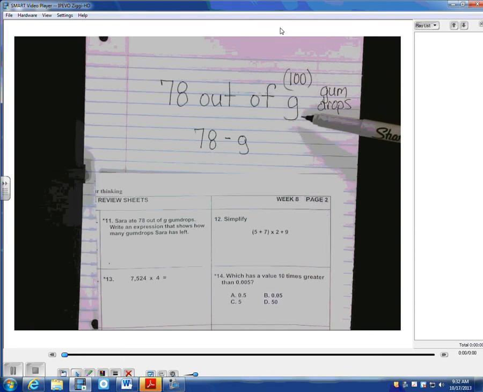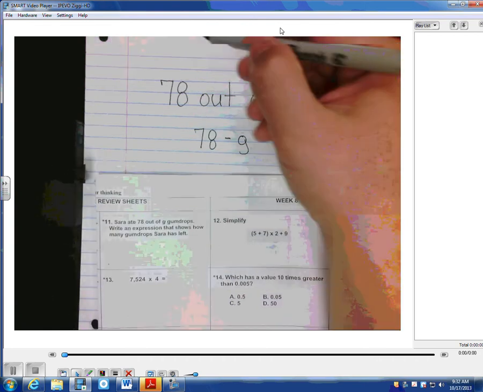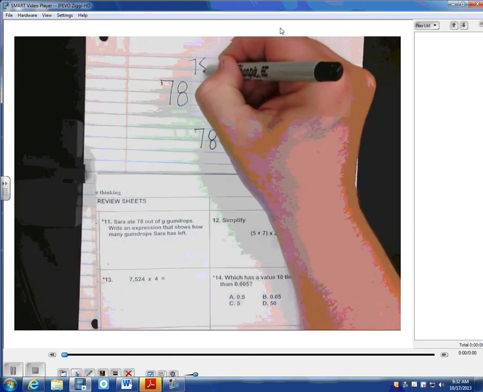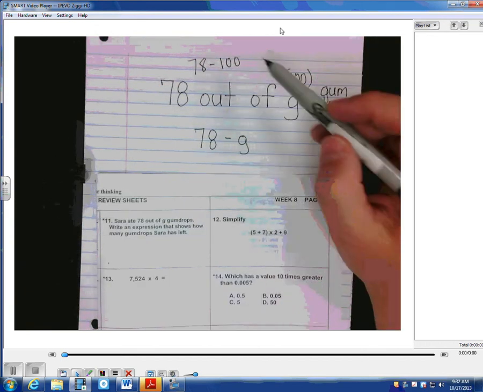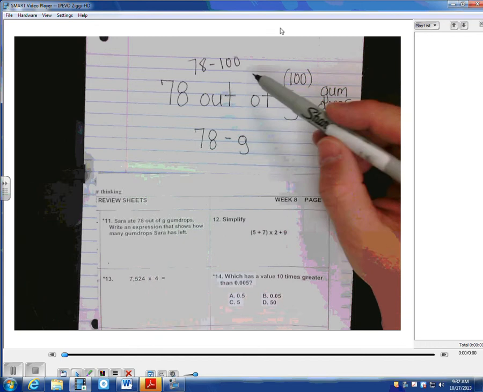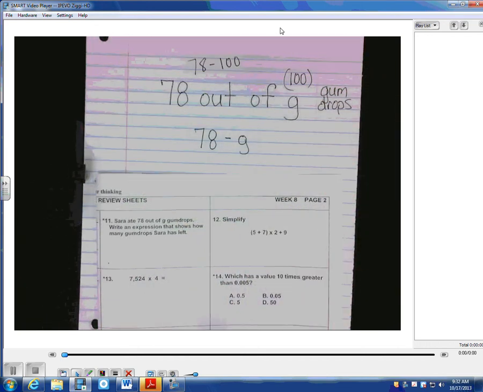So in this case, if I said 78 out of 100, I wouldn't subtract 78 minus 100 because that would be impossible. I could not do that. 100 is larger. So just don't get mixed up with what you put first in the expression. What you put first is very important.